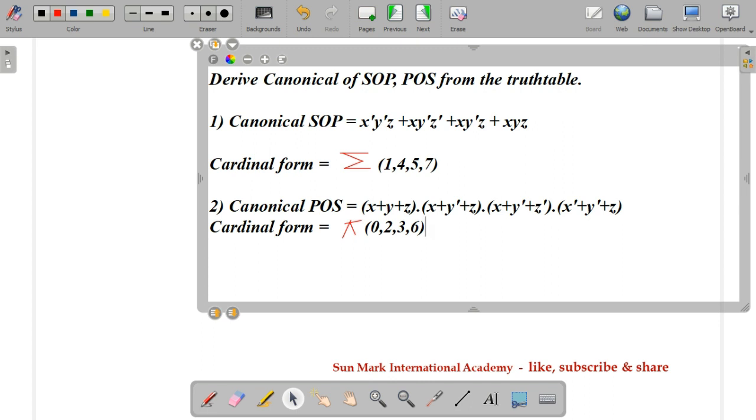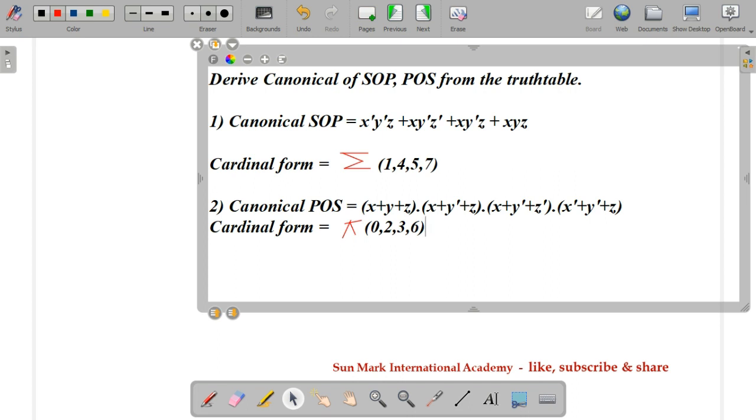So in this section we have discussed minterms, maxterms, cardinal form, canonical form, SOP and POS. These are all interrelated. A Boolean expression consists of minterms or maxterms. A minterm is the product of all the literals.